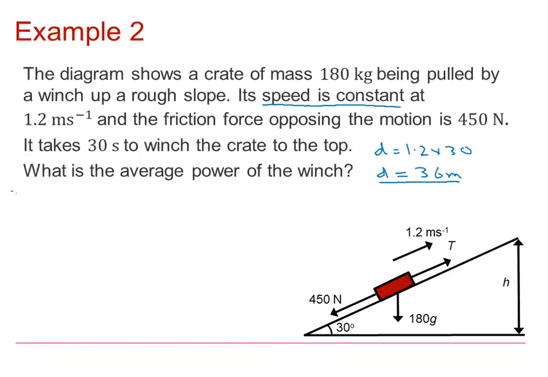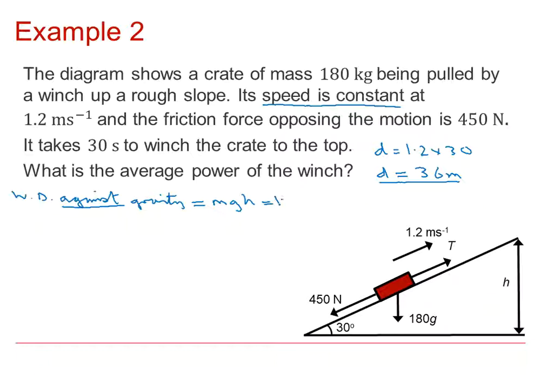So let's have a careful look at how much work the winch has done against gravity. So how much work did it have to do to overcome gravity? Well, that's going to be the gain in potential energy, that's mgh.